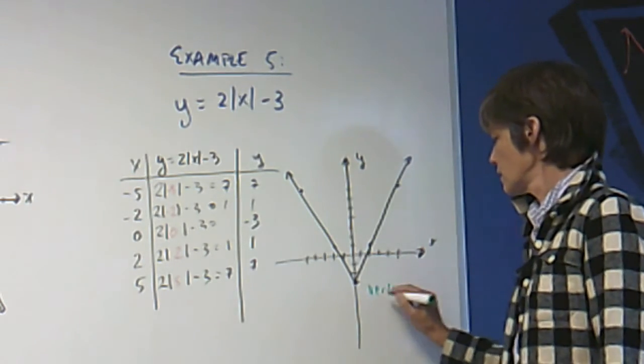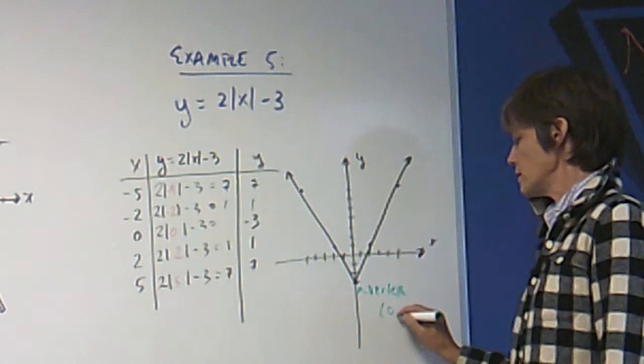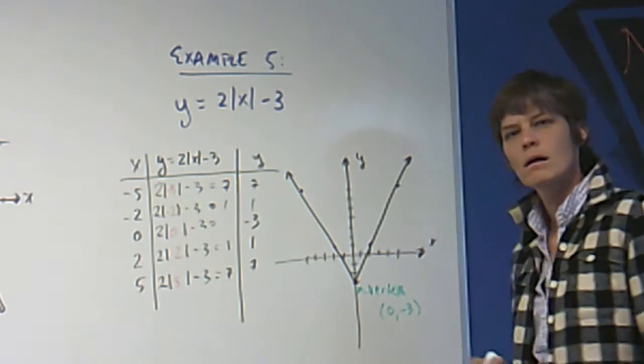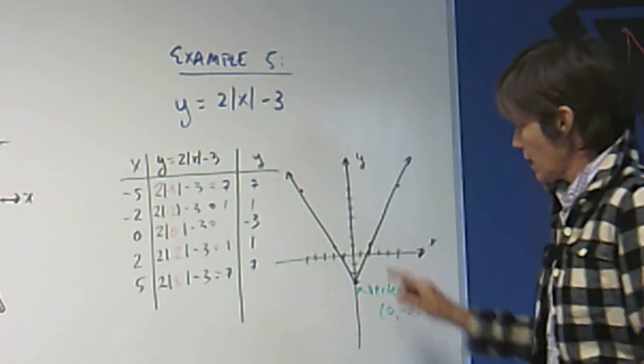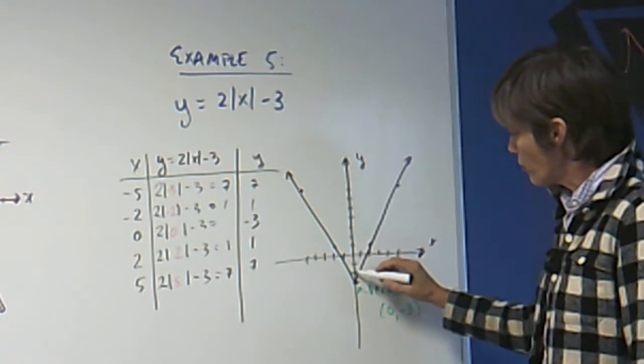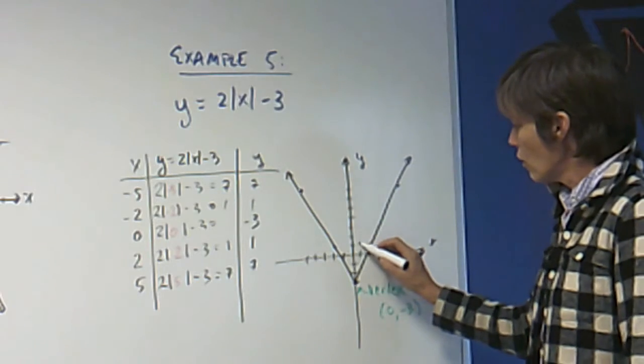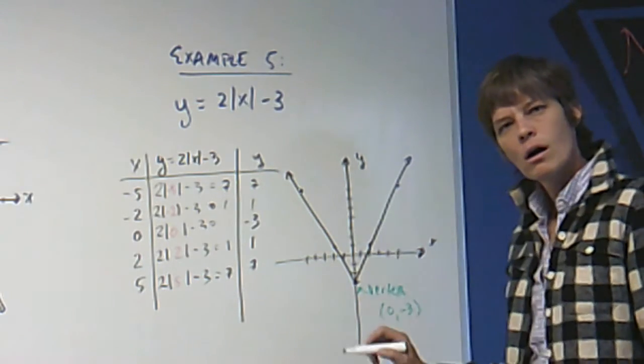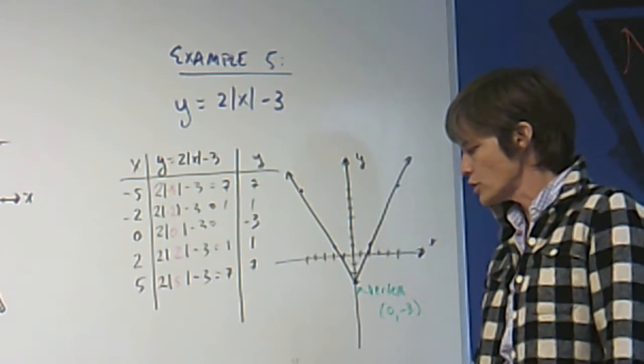Vertex is there, and it's the point 0, negative 3. But instead of going up 1 over 1, I've gone up 4 over 2.